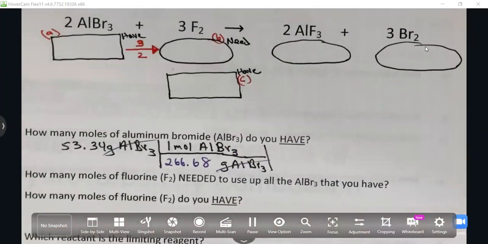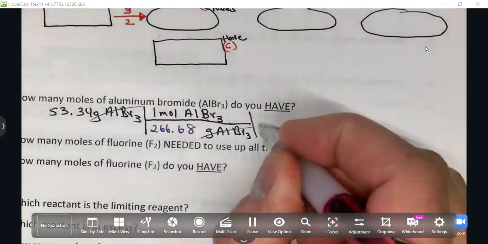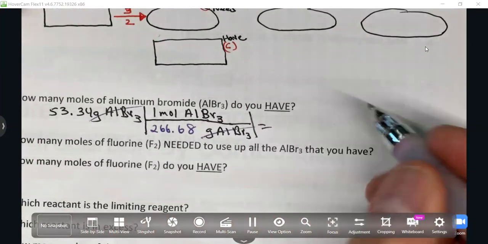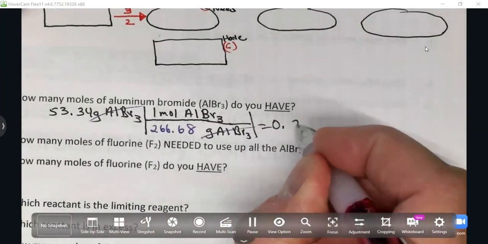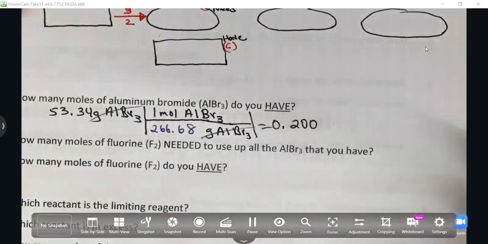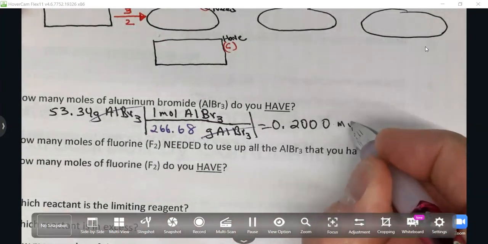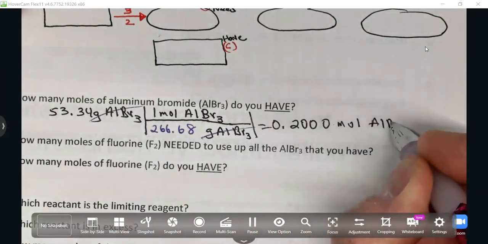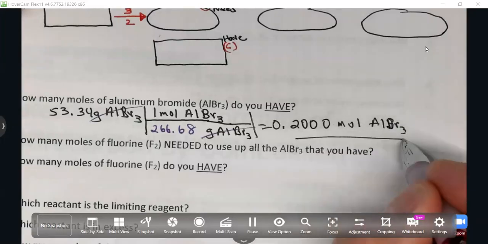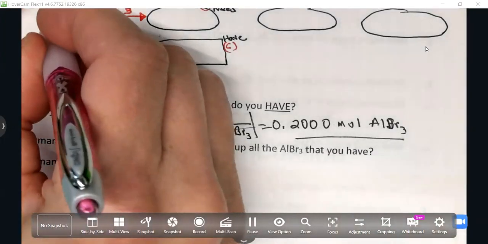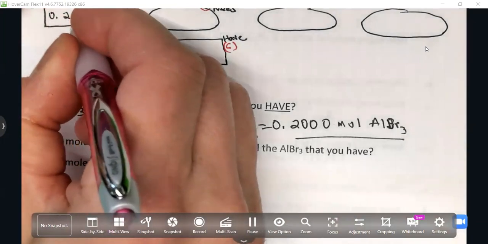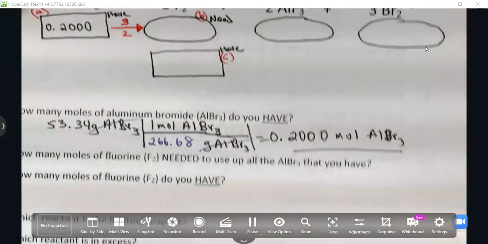Yes, so that gets us starting moles of, wouldn't you know, 0.2000. So we are starting here at 0.2000.